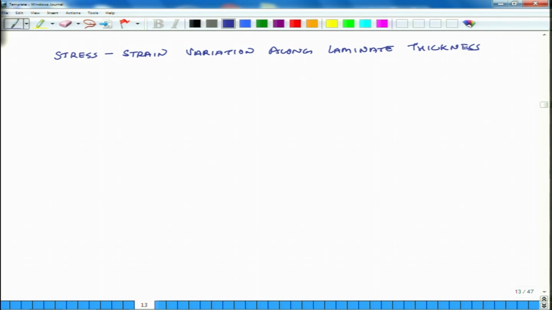Okay. So, let us consider a laminate, and for purposes of simplicity we will just make a laminate which has 3 layers. So, this is layer number 1, layer number 2 and layer number 3. So, the top layer, second layer and the bottom layer, and then we have this laminate, and this is the midplane.